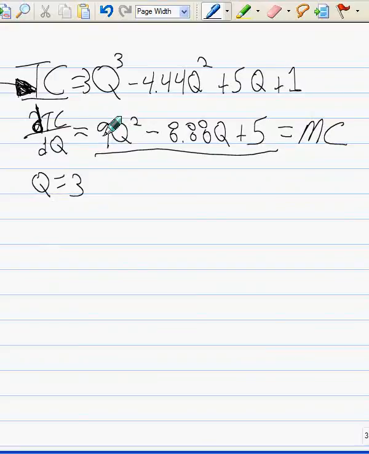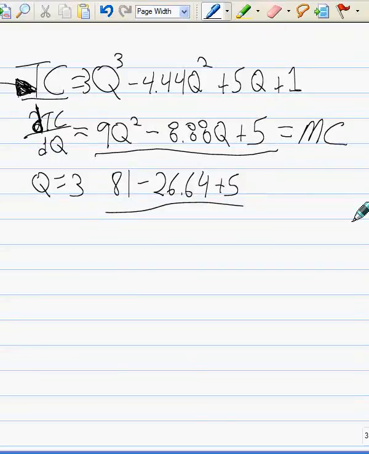What's the marginal cost? 9 times 3 squared, 9 times 9 is 81, minus 8.88 times 3 equals 26.64, and then plus 5. Simplify this down, and what we're going to get is 59.36, or we'll call it $59.36 to produce the third unit of output of this product.